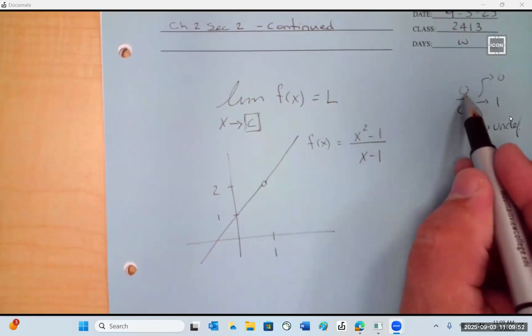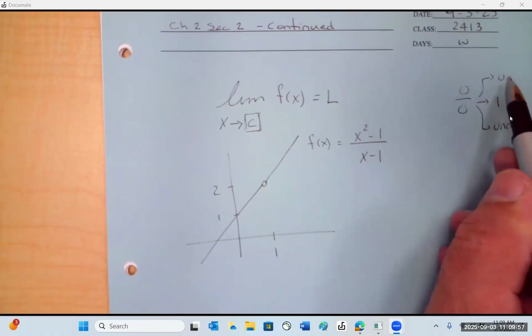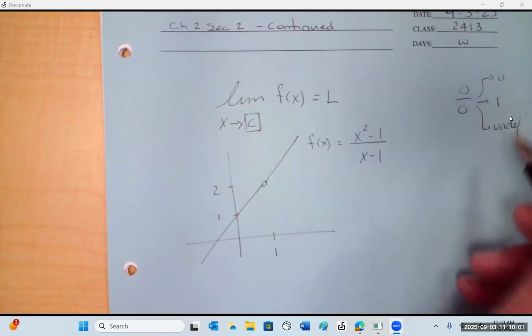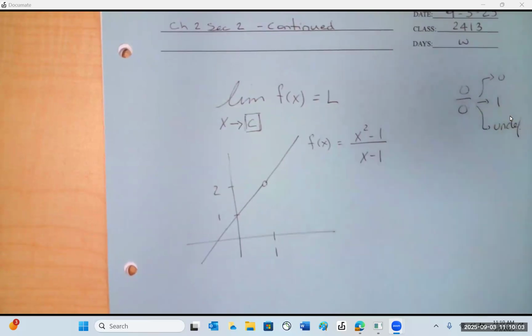Anytime you have a 0 on top of a fraction, it equals 0. Anytime you have the same number top and bottom, it equals 1. Anytime you have a 0 on the bottom, it's undefined.